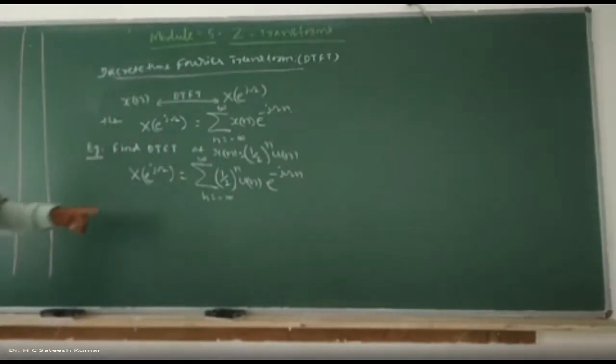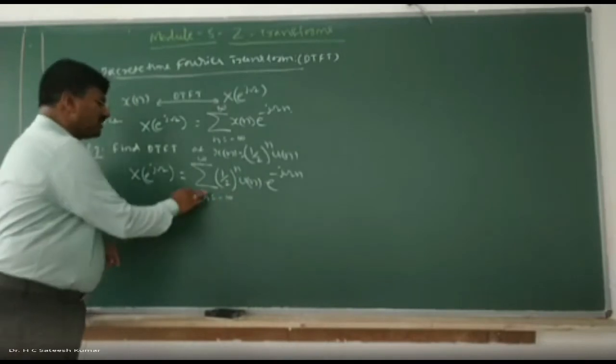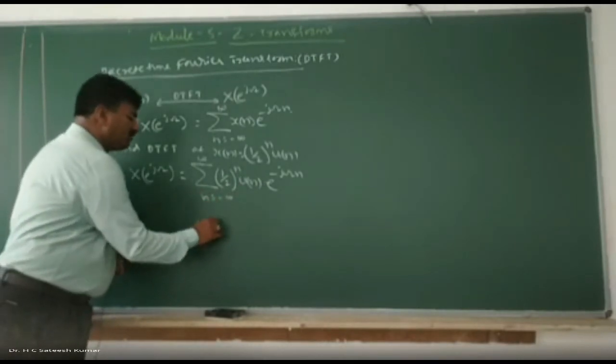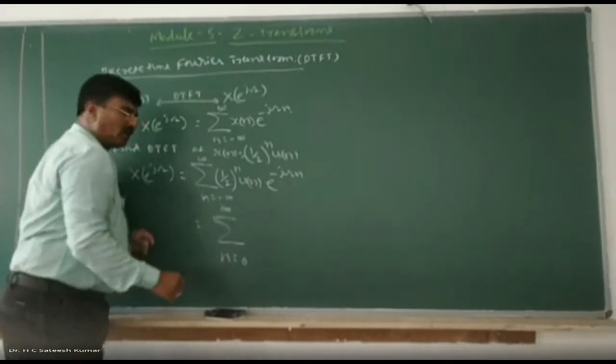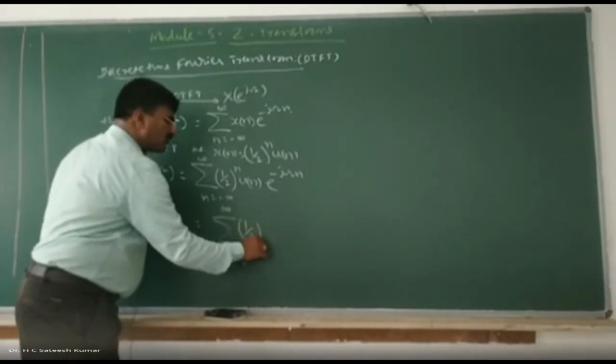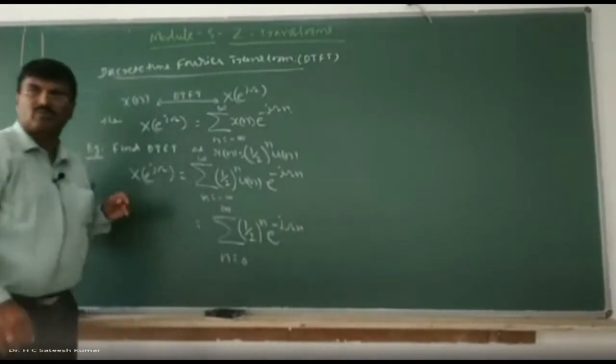Okay, right. Since this signal is multiplied by u of n, instead of summation n varies from minus infinity to plus infinity, I can make summation n varies from 0 to infinity, half to the power of n into e to the power of minus j omega n. Okay, right.